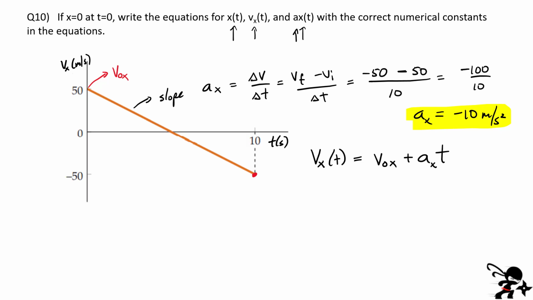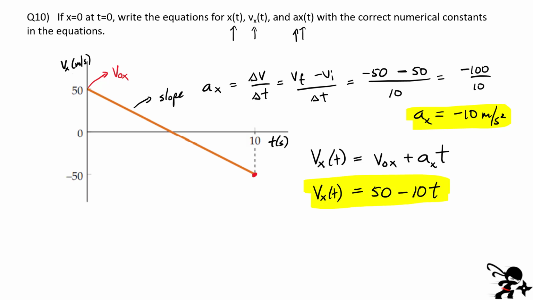This is the equation for a straight line, and this is the straight line that I'm talking about. So if I do want to substitute my values into this kinematic equation, I'm going to get that the velocity as a function of time gives me, well, 50 is the initial velocity right here. And then the acceleration I just solved was minus 10. So I substitute that in here. And look what I have, an equation for the velocity in the x direction.